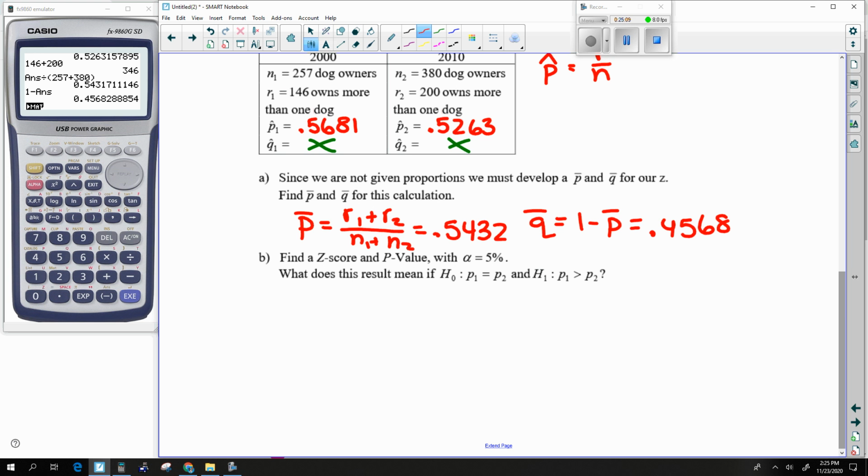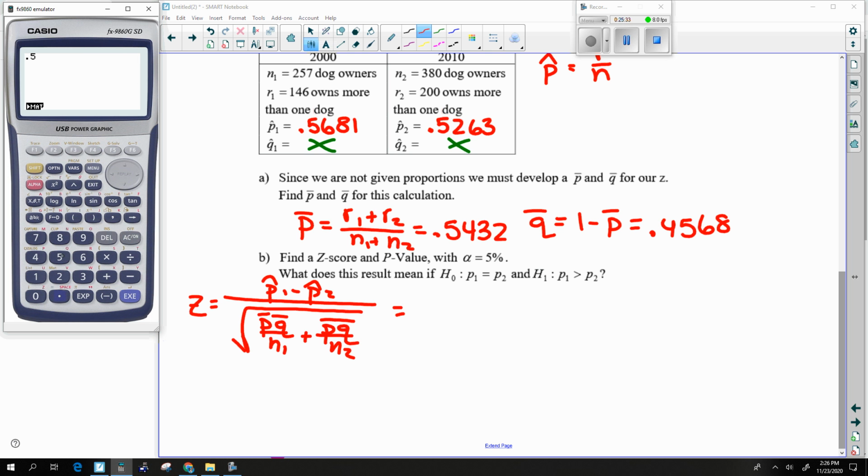Okay, now here comes all the other stuff. All right, so Z in this situation is P bar, Q bar divided by N1 plus P bar, Q bar divided by N2, square rooted as the denominator of P hat 1 minus P hat 2. So we'll work with that denominator.